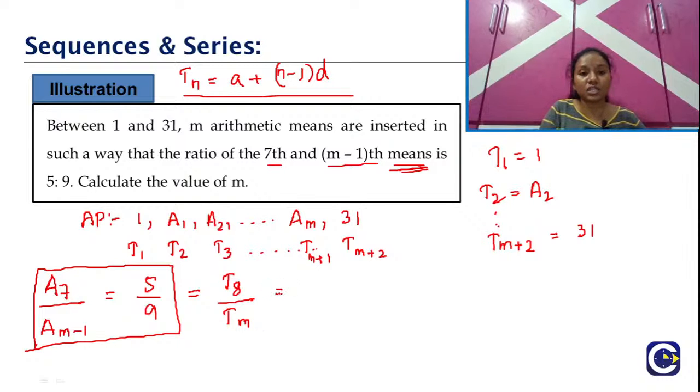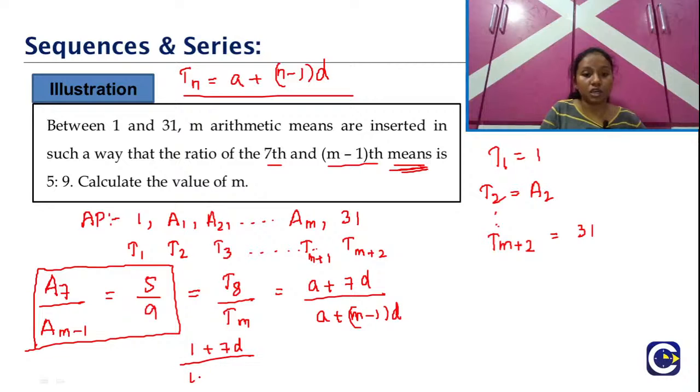So the 8th term is equal to A plus 7D, as well as the mth term is equal to A plus m minus 1 into D. Here the A value is equal to 1. That means the ratio here will be (1 plus 7D) by (1 plus m minus 1 into D) is equal to 5 by 9.